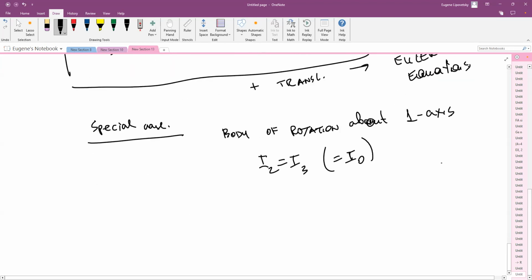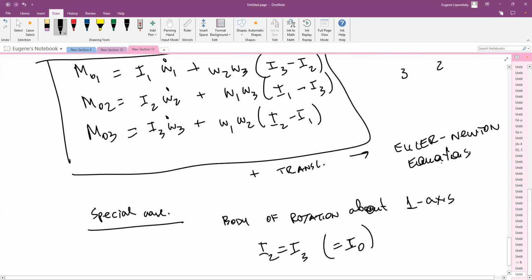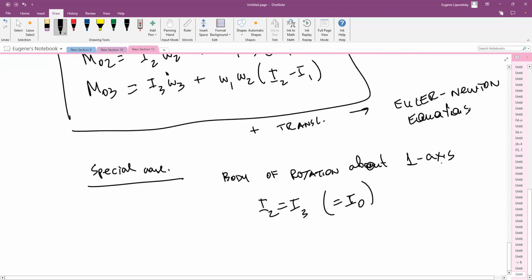I1 is the different one. So the result will have the rotational part M_O1 equals I1 omega 1 dot.